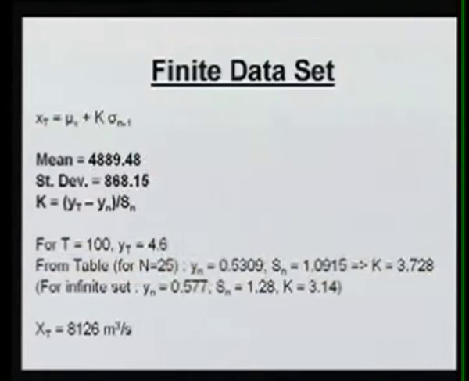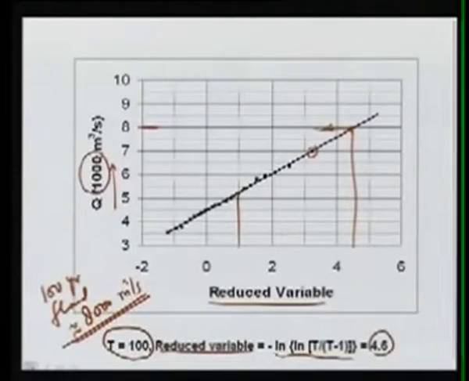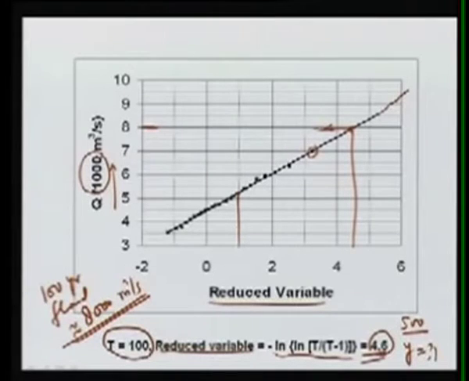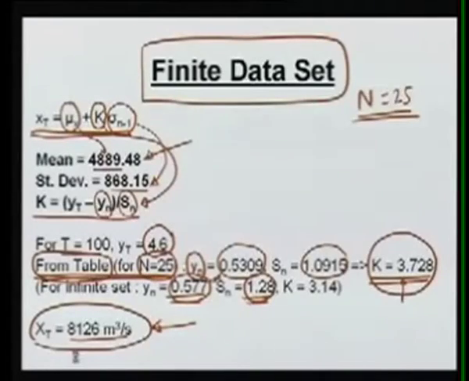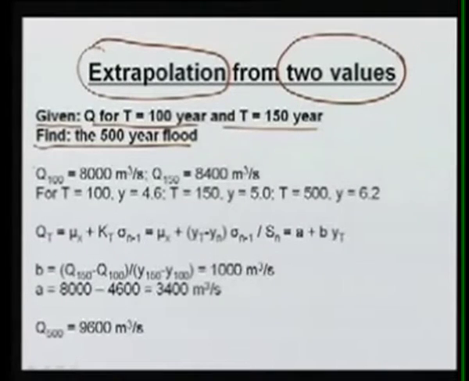The same thing can be done using the graphical technique also, in which we would extend this line and find out for 500 what will be the reduced variable y using this equation, and then corresponding to that y we can find out what is the flood. But using computations also we can estimate that.